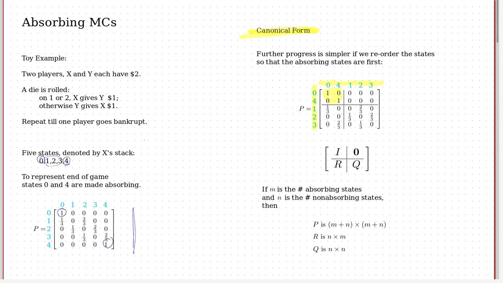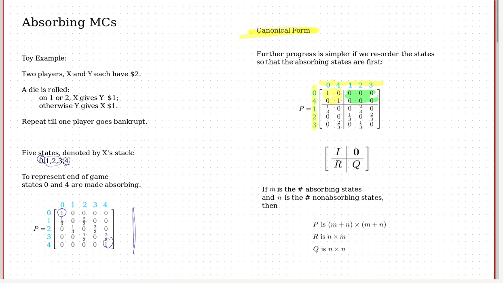From state 0 you can only go to state 0, from state 4 you can only go to state 4. So you've got an identity matrix up there, and in the upper right you've got all these zeros, because it's impossible if you start in state 0 or 4 to transition to any other state. So those transition probabilities are all 0.